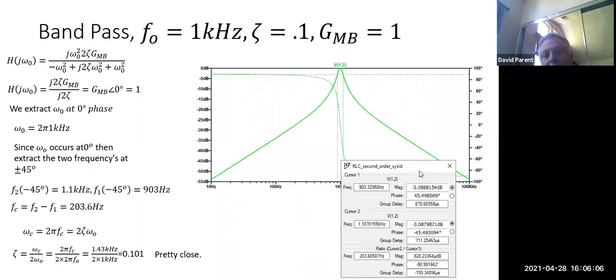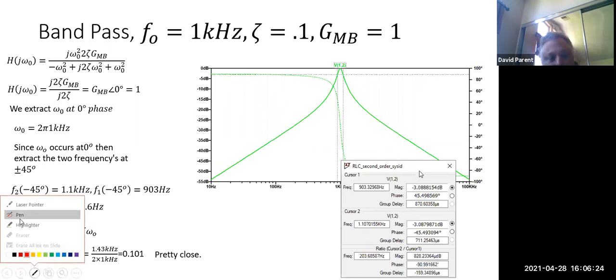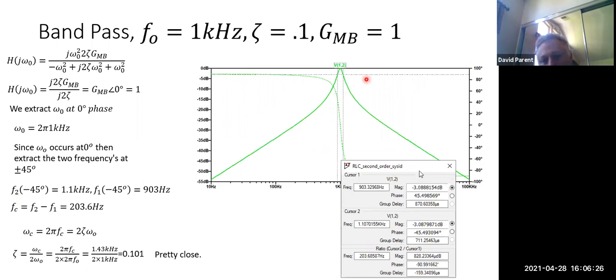Now in this band pass, we can see the peak is a little bit sharper. So in fact the damping coefficient should be smaller. And you can see that omega C is narrower.